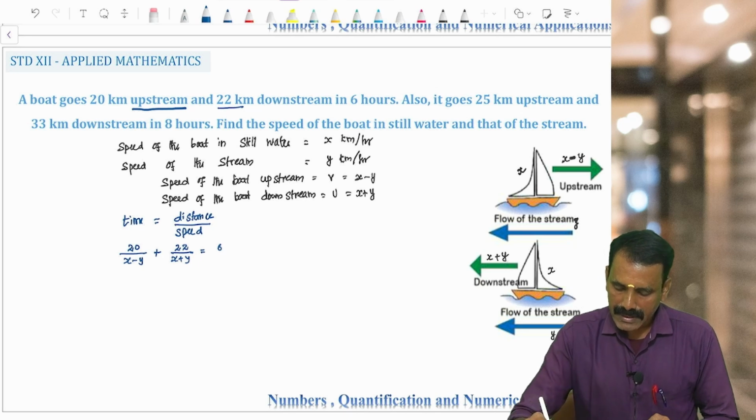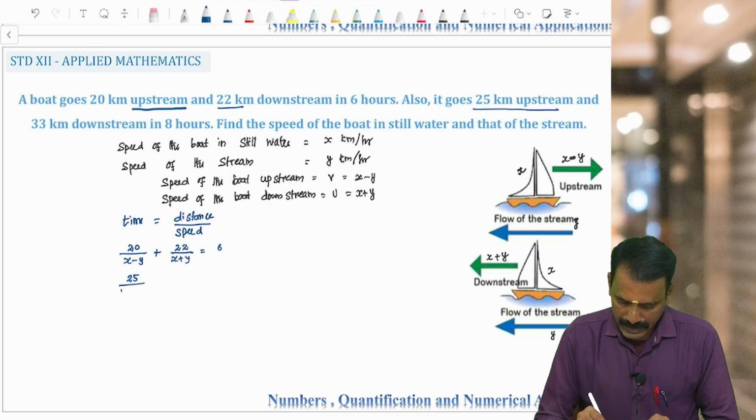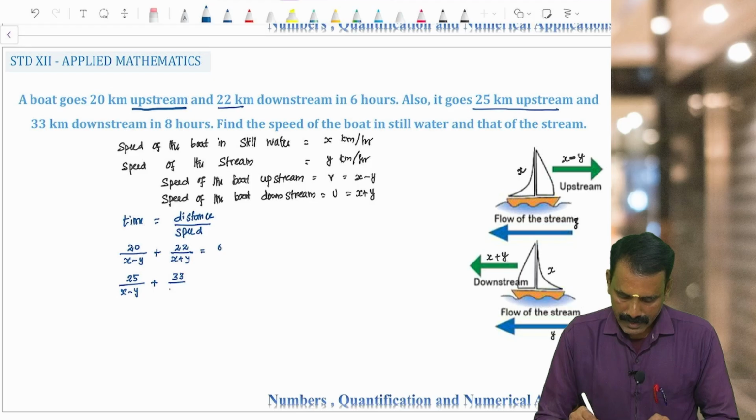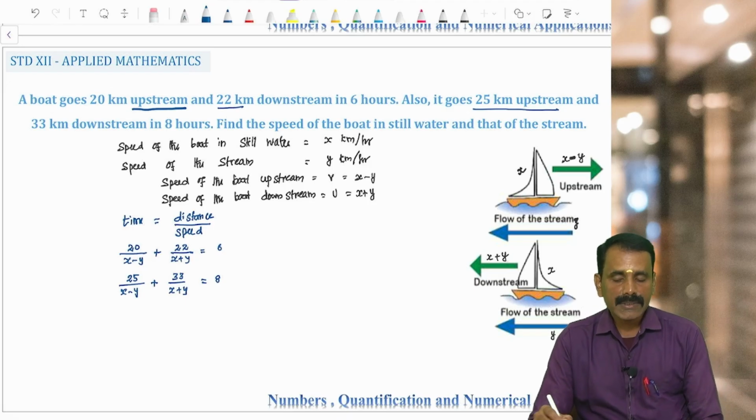And next case, 25 km upstream. So 25 divided by x minus y plus 33 divided by x plus y is equal to 8. We are supposed to find the value for x minus y and x plus y.